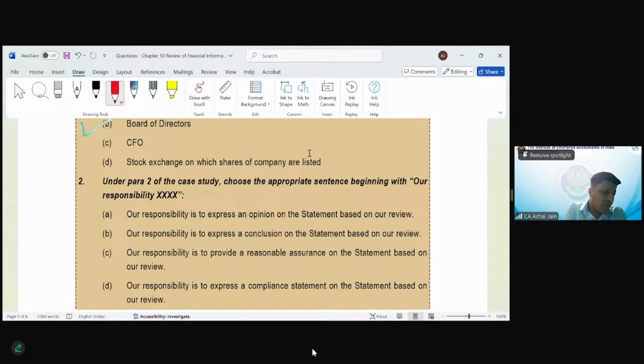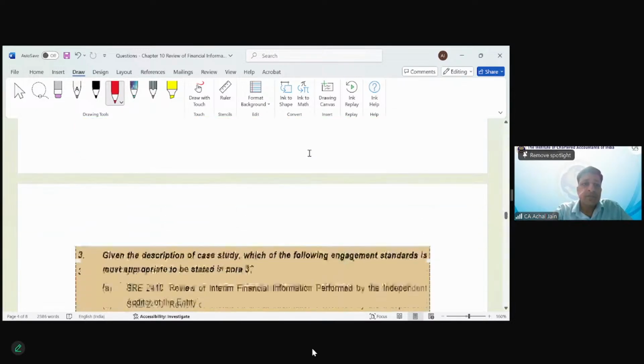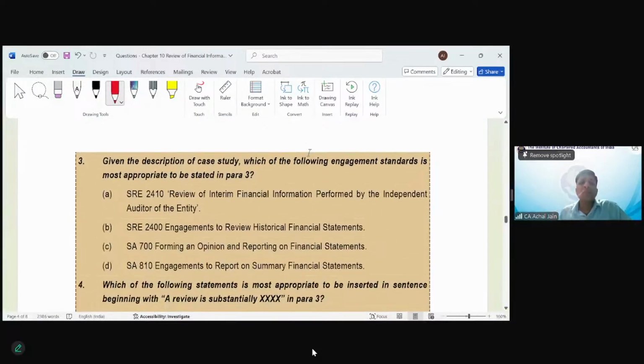Tell me, what is the responsibility? Option B. Very good, because it's a review. It's a conclusion. So what do you provide? Conclusion. Okay. Next. Given the description of the case study, which of the following engagement standards is most appropriate? Now this is important.